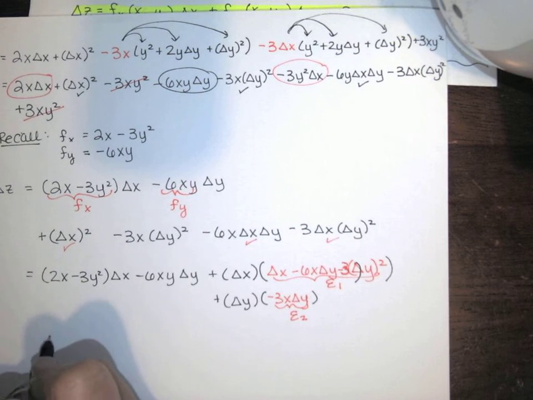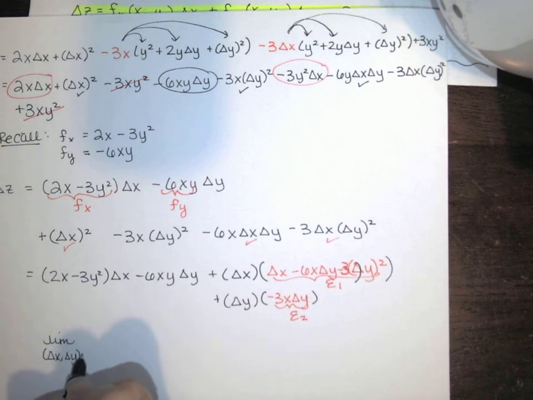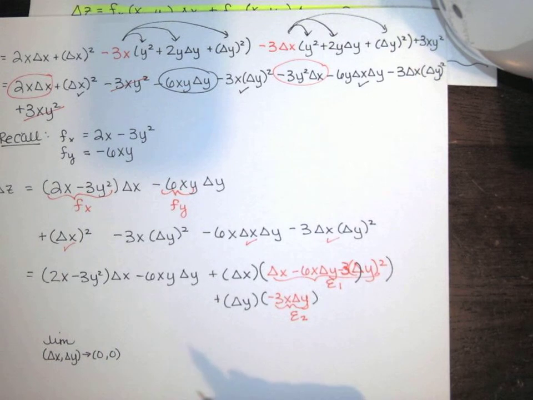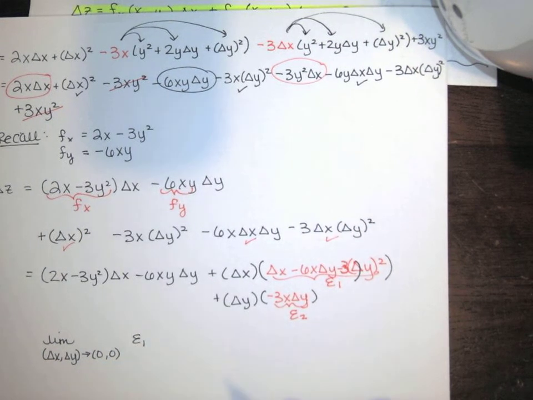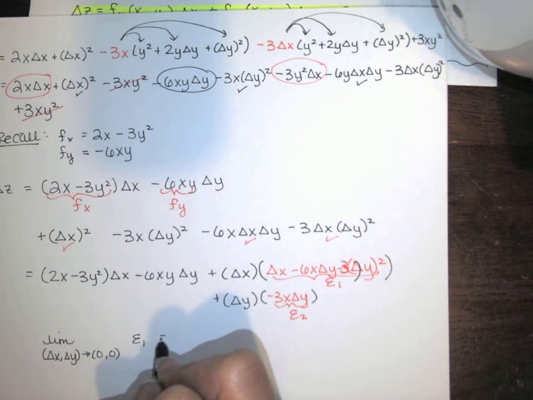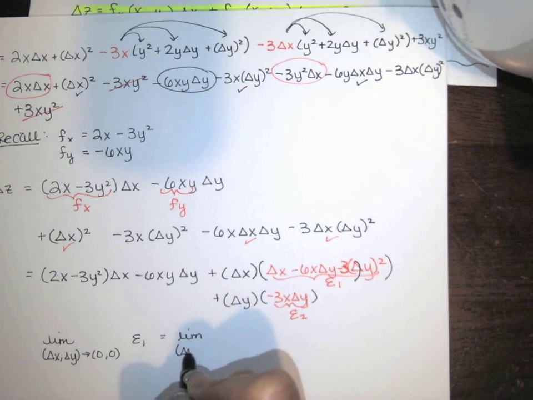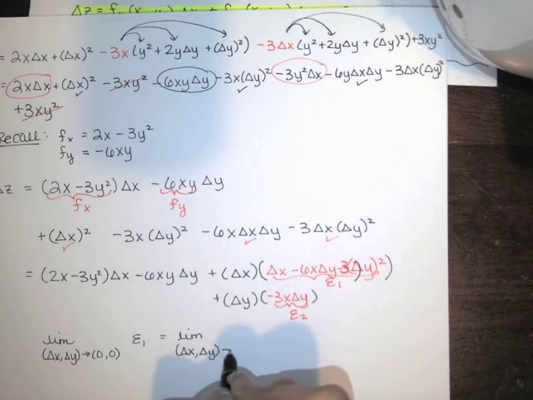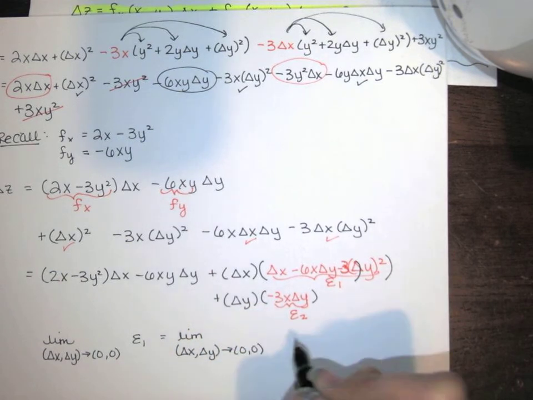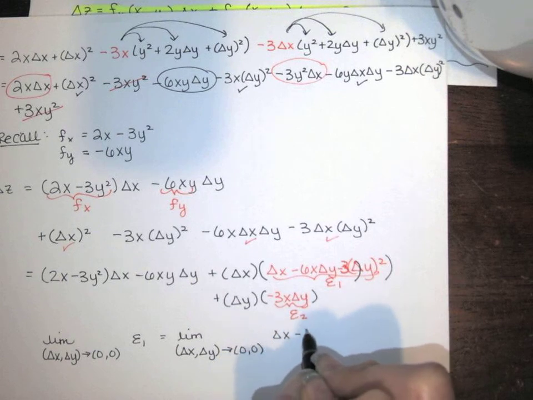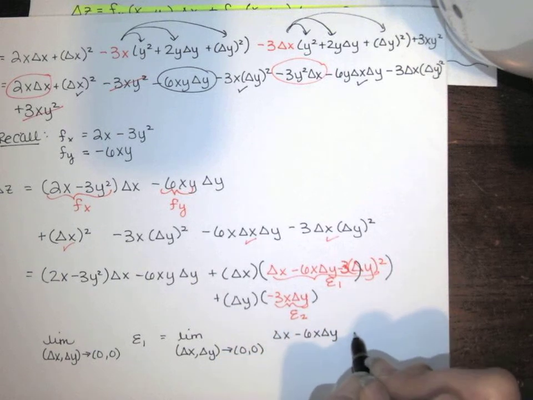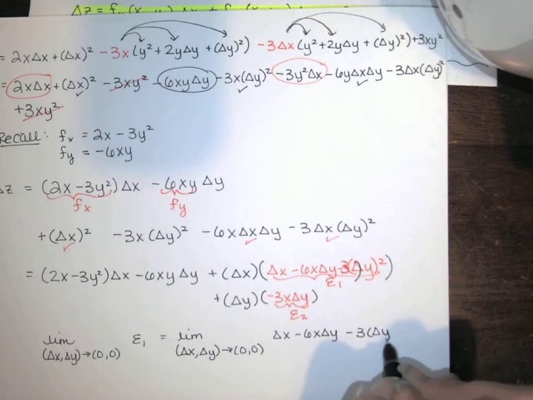Now, in the limit, as delta x and delta y both go to 0, epsilon 1 has to approach 0 and epsilon 2 has to approach 0. So we'll take the limit of these. Epsilon 1 was delta x minus 6x delta y minus 3 delta y squared.